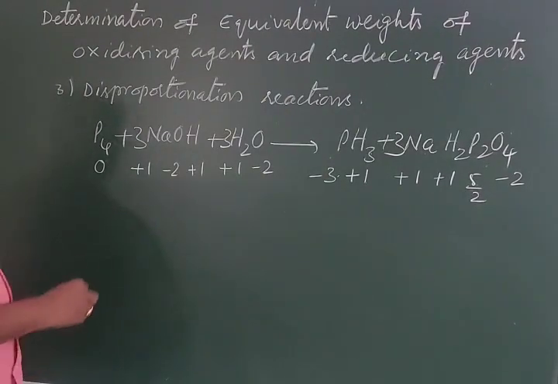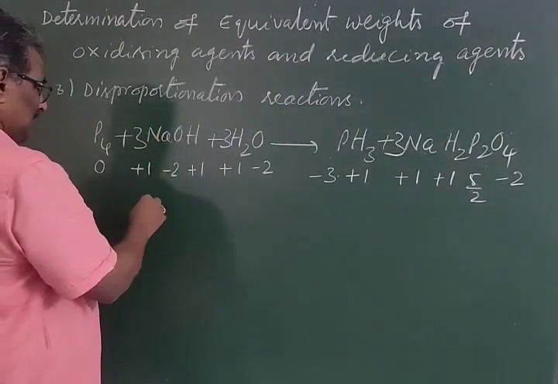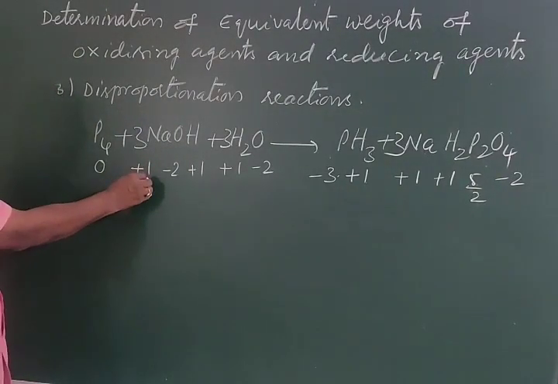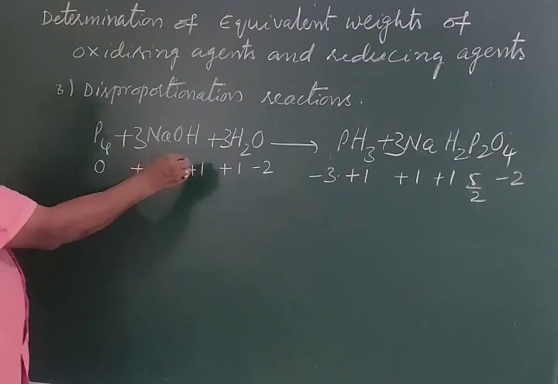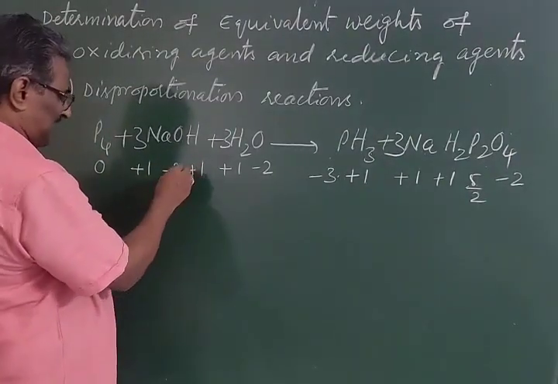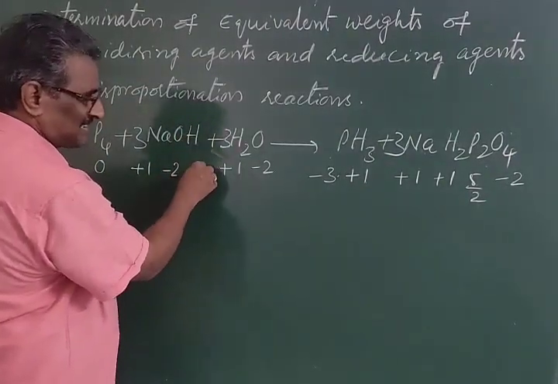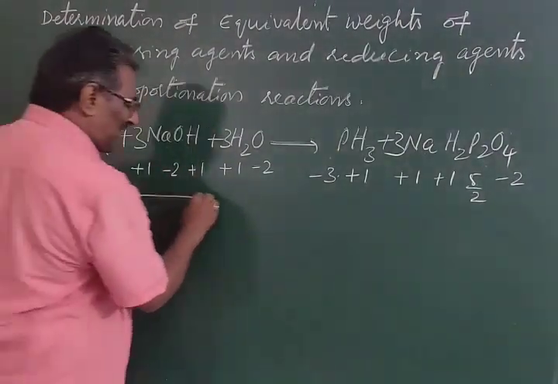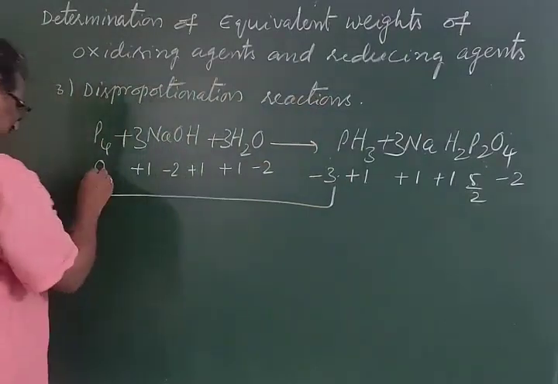Now let us go to the element which is undergoing change in oxidation state, that is phosphorus. No change in the oxidation state of sodium, no change in the oxidation state of oxygen, no change in the oxidation state of hydrogen, only oxidation state of phosphorus is being changed.